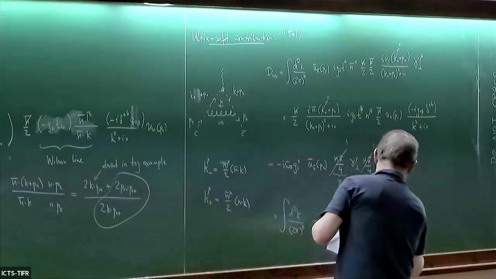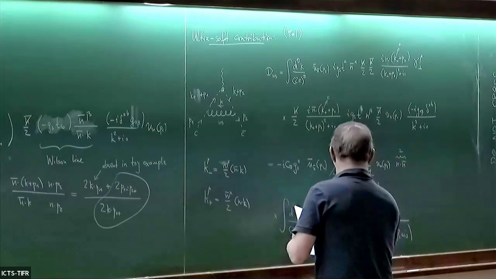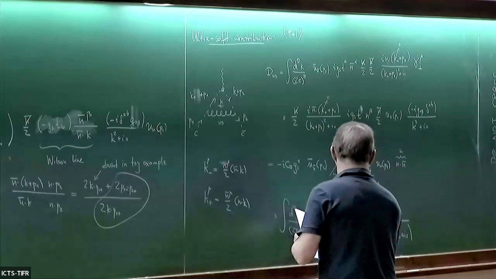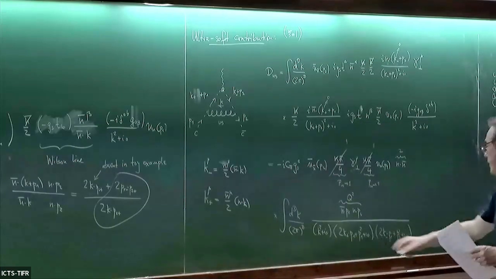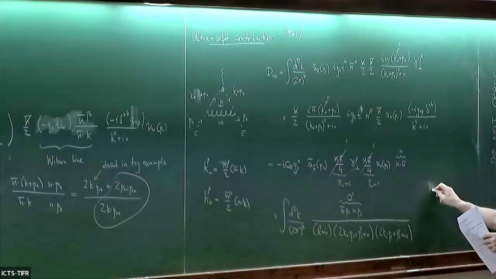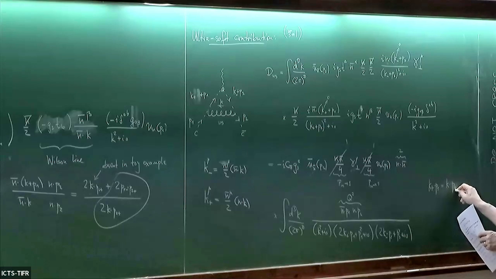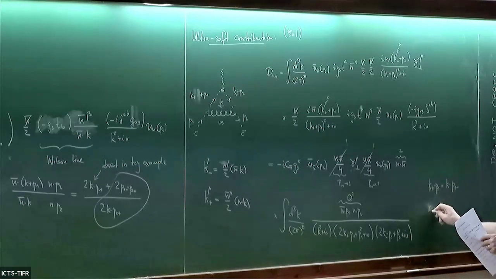And upstairs, we find n bar dot p1, n dot p2. This is q squared. And down here, instead of k plus p1, we can use that this is the same as k dot p1 minus, and k minus p2 is the same as k dot p2 plus.